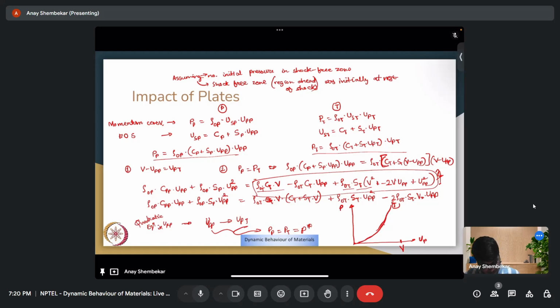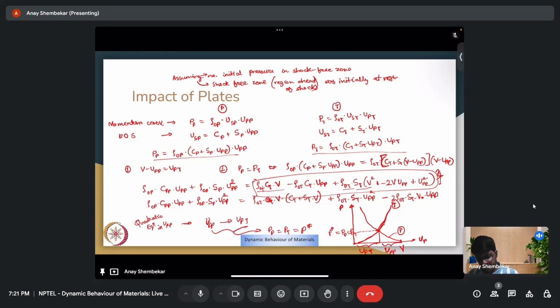This is the target, whereas the projectile pressure will go something like this. These two curves will thus intersect at a point PP equal to PT, P star. That will give you the velocity. One component will be UP projectile, the other component will be UP target.